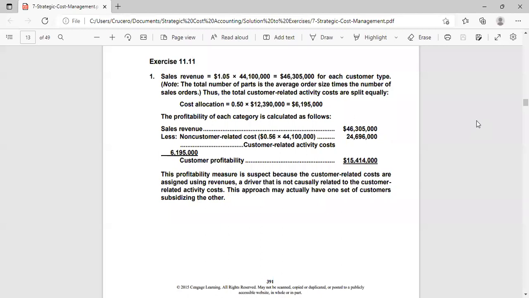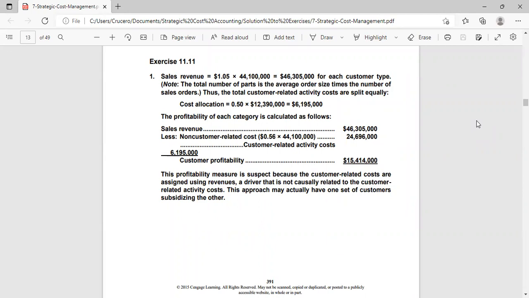We have now the profitability of 15,414,000.